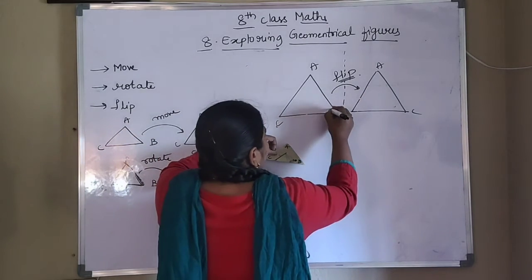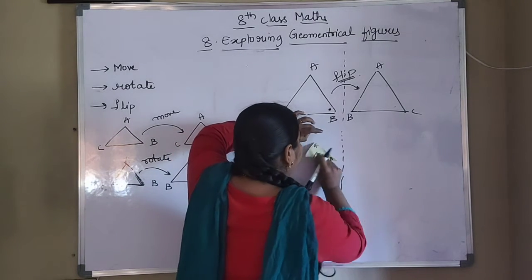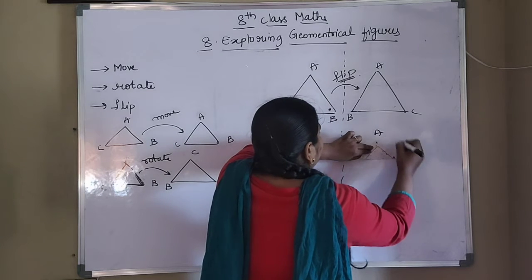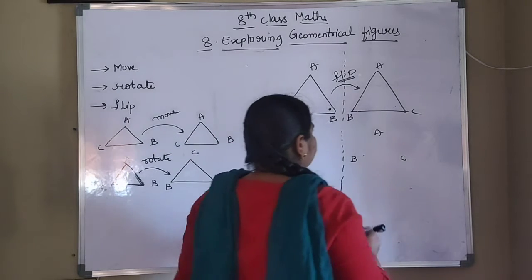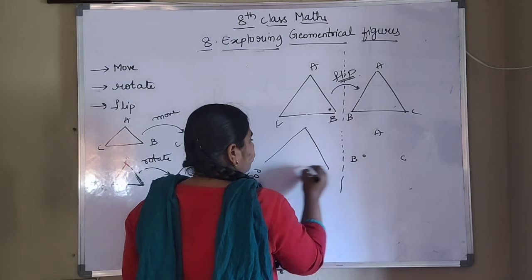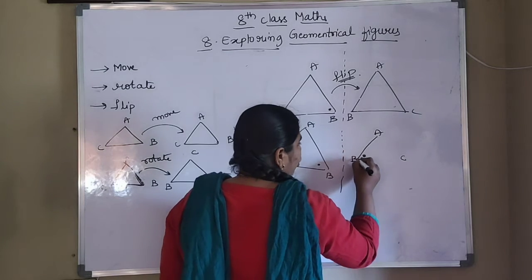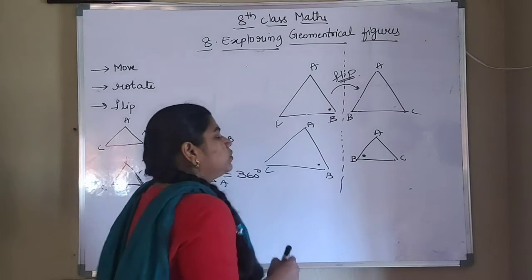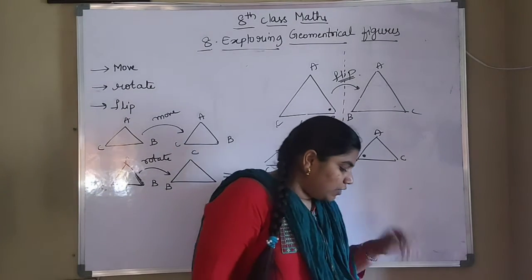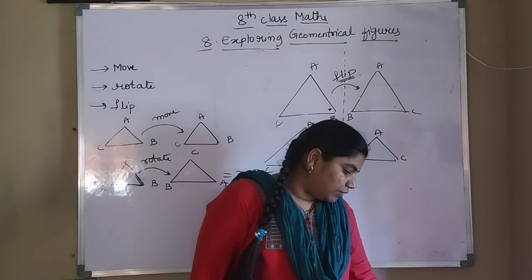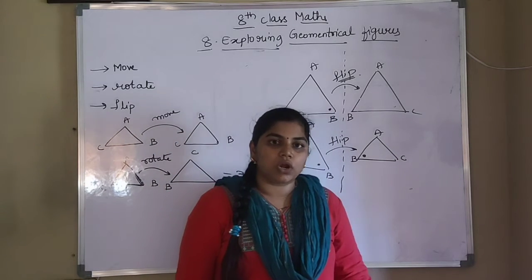Flip is a transformation in which a plane figure is reflected across a line, creating a mirror image of the original figure. Suppose I am keeping one dot on the B place. Now if I flip this, where is the dot now? Here it is A, C, B. So the dot is in this place now. First the dot was here, now the dot has been flipped and is here. So this is called flipping.